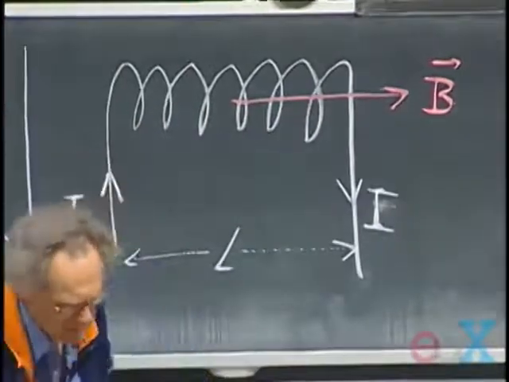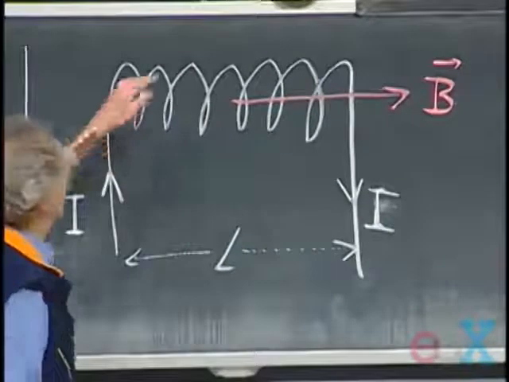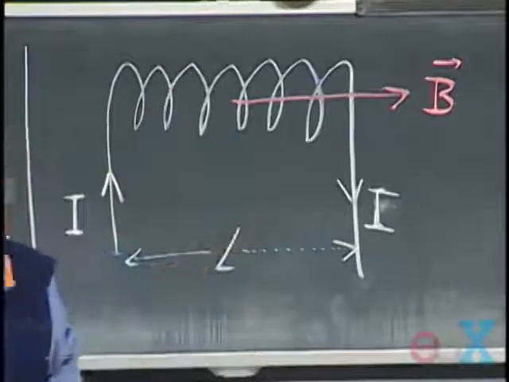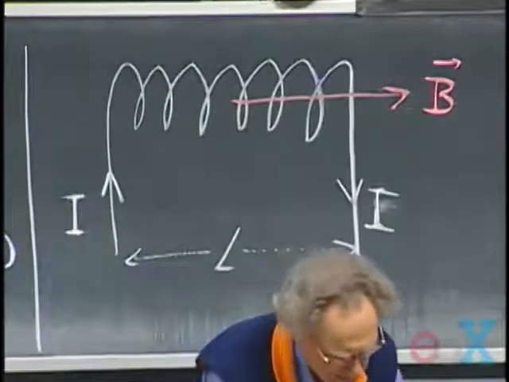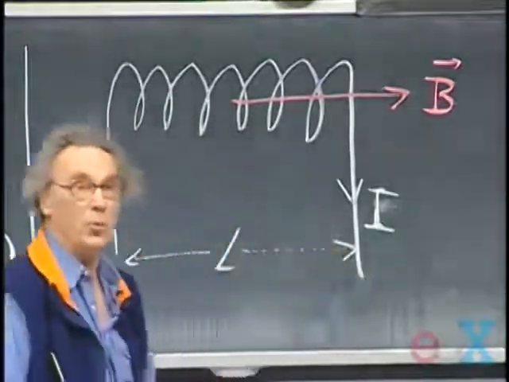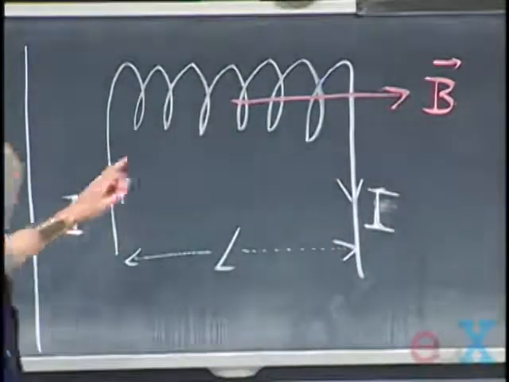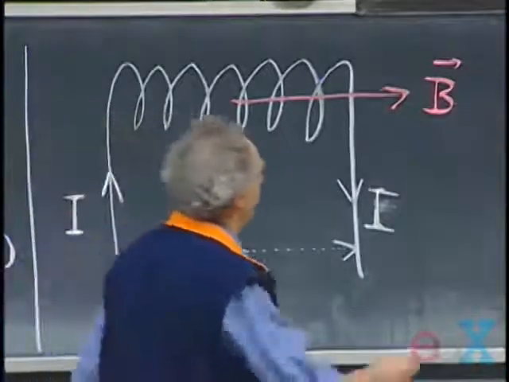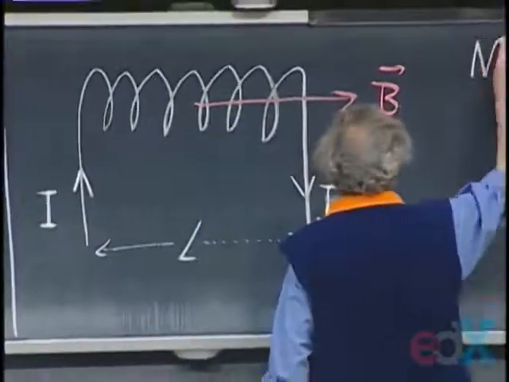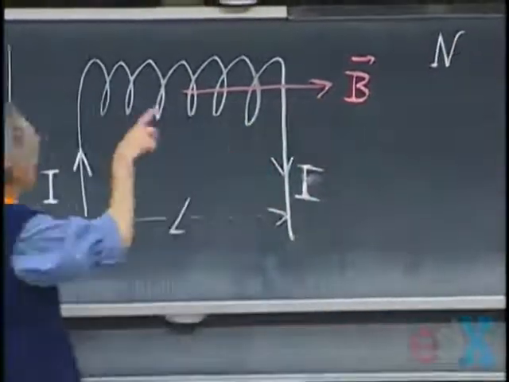I make the assumption that the magnetic field outside the solenoid is approximately zero. I will show you later with a demonstration that that's a pretty good approximation. And so the question now is, what is the magnetic field there? And I assume I have n loops, n windings, capital N.